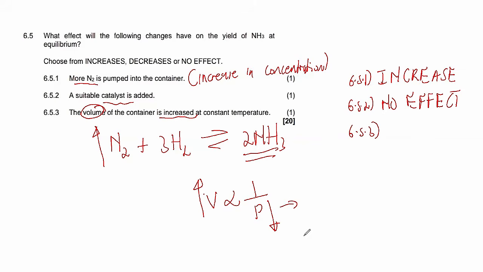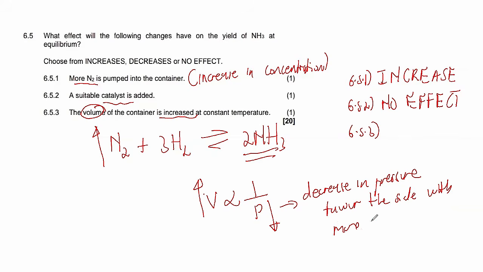And then according to Le Chatelier's principle, we know that a decrease in pressure will have to favor the side with more number of gas moles. Now, in this case, if we are favoring the side with more number of gas moles, here we have the sum of coefficients is 4, and here the sum of coefficients is 2. That means now we are favoring the reverse reaction.